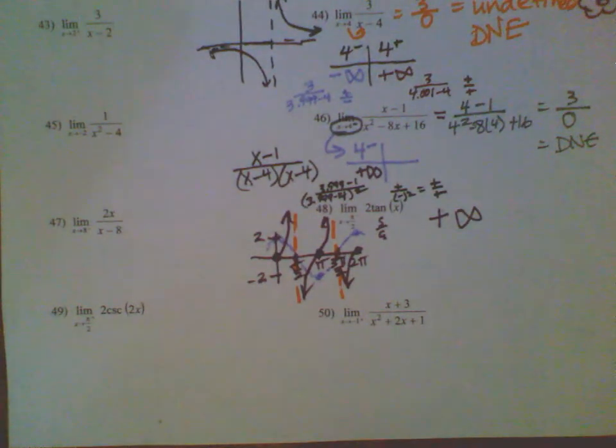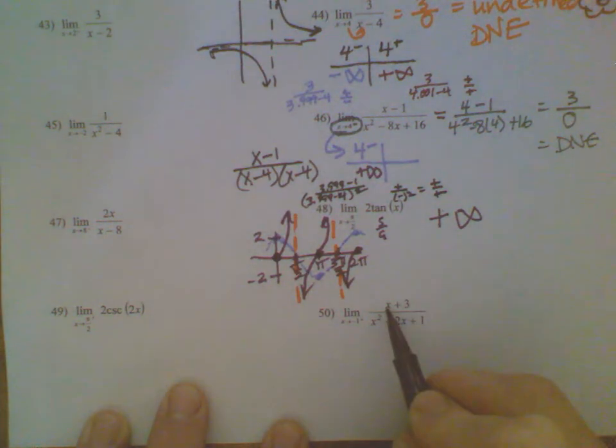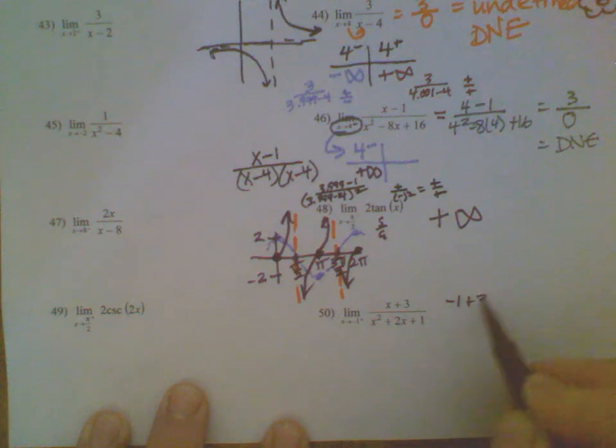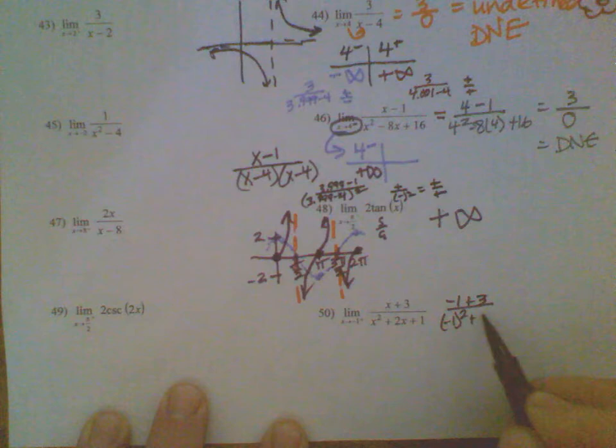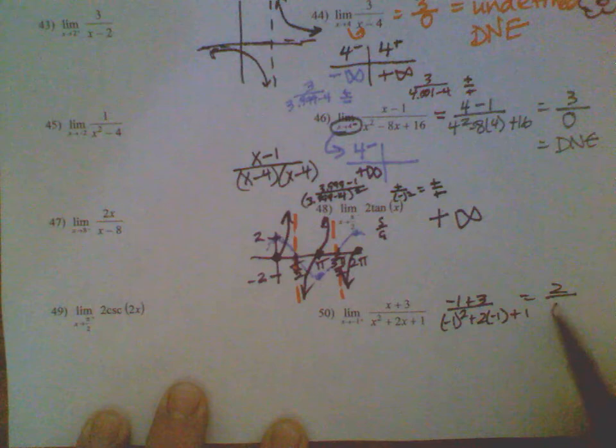Okay, and so I am going to go ahead and plug that in. So I get 0 on top, -1 plus 3 is 2, and then I have -1 squared plus 2 times -1 plus 1. That's going to give me 2 over 1 plus -2, sorry, plus 1, which is 0.